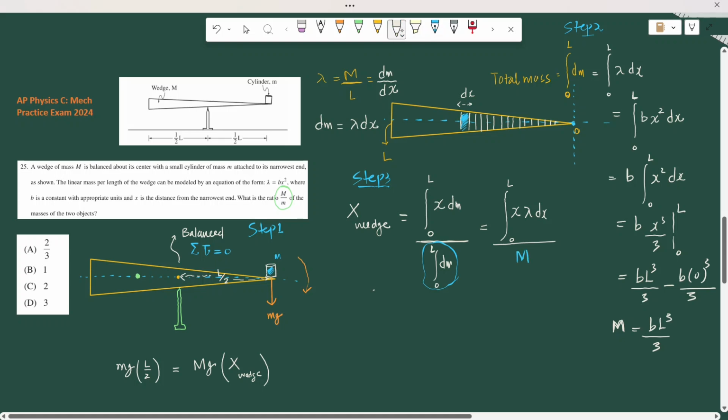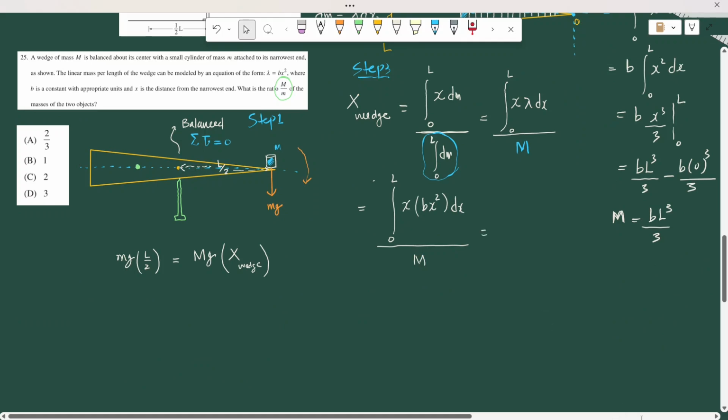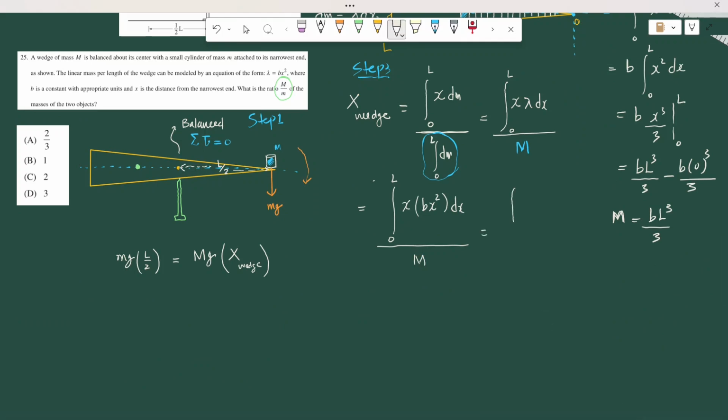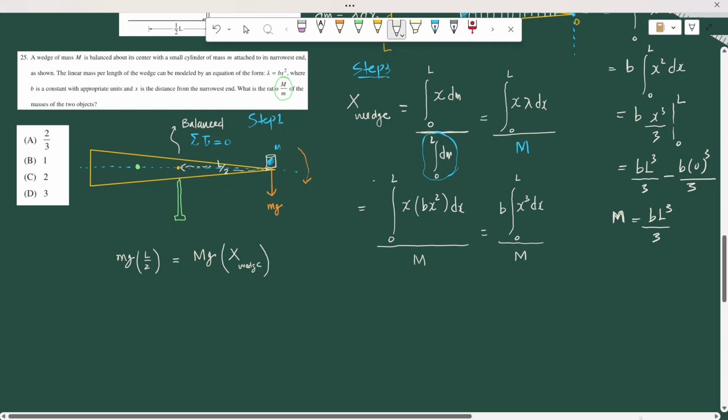So in the next step, we can place the value of lambda. You have already seen something similar. So it is now the integral of x cubed dx from 0 to L over m. This time we will have x raised to the power 4 when you take the integral of that, so it will be x to the power 4 divided by 4.